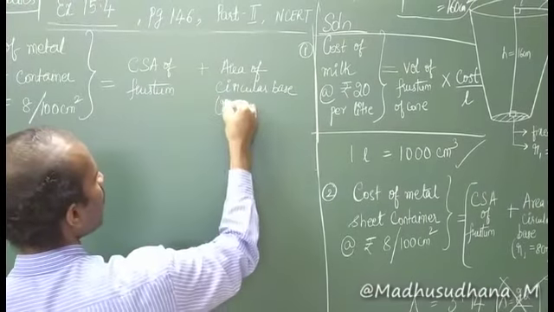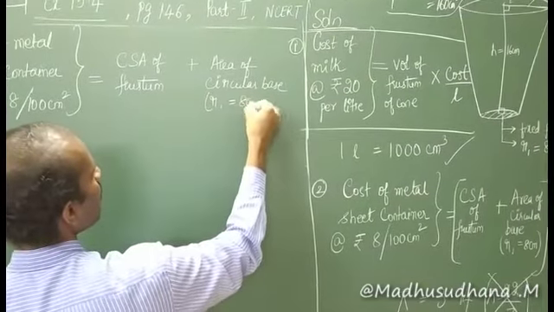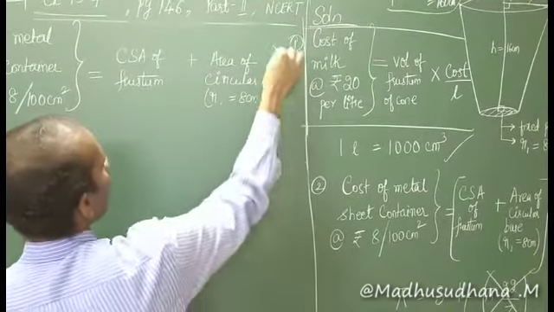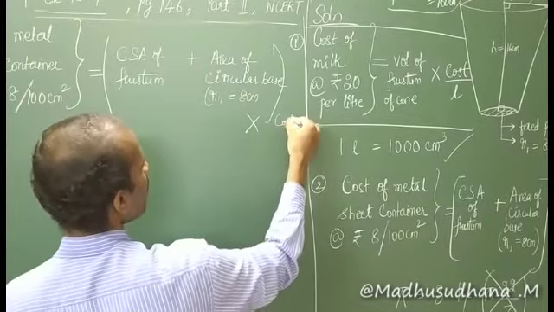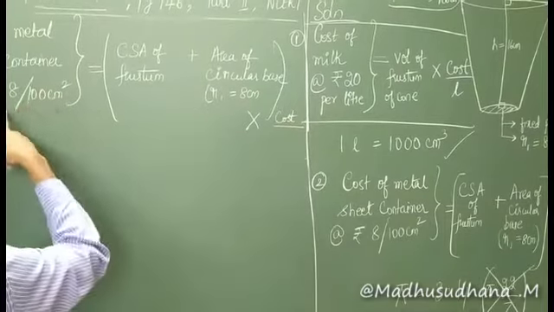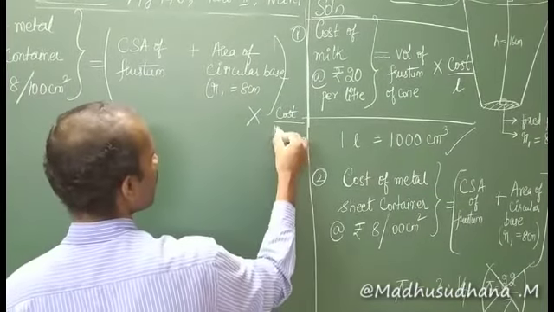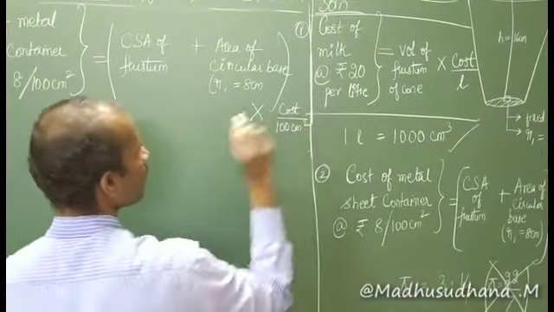So R1 is equal to 8 centimeters. So this is multiplied with what? Cost per 100 centimeters square.